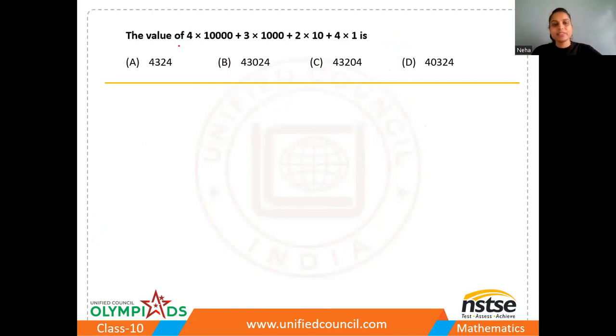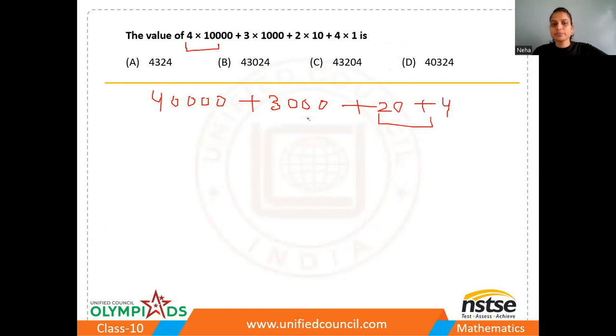Okay. The next one. The value of this. These numbers are very easy, I can add them very easily, right? This is 40,000 plus 3,000 plus 20 and 4. So 20 plus 4 is 24.